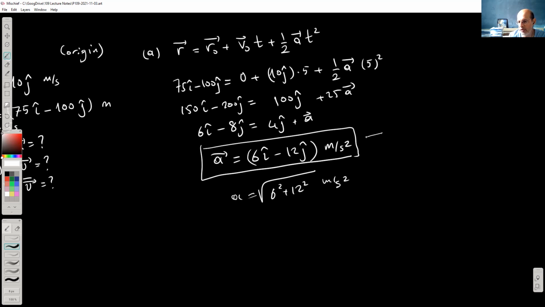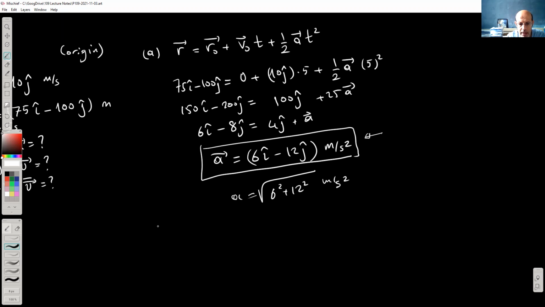The best way to specify the direction is by using the unit vector notation, all right? If you can compute the angle somehow, and this angle is simple, you can also give the magnitude and the angle information as well. But in this problem, it is easiest to specify the acceleration by using the unit vector notation.